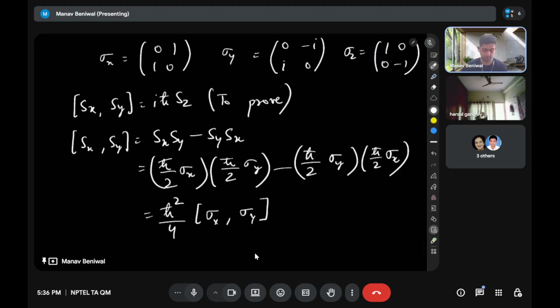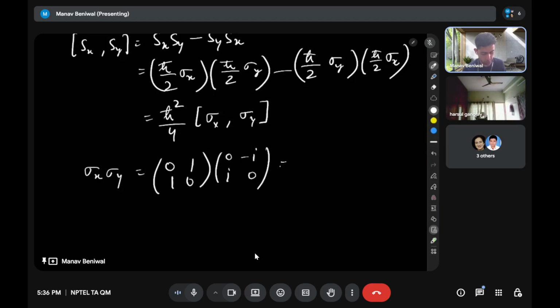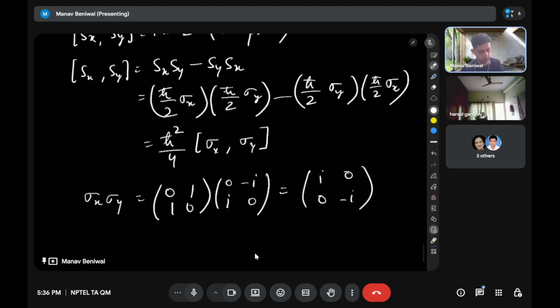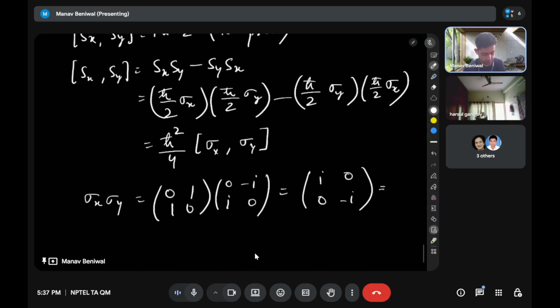Now this sigma x, sigma y, let's multiply. So 0 1 1 0 times 0 minus iota, iota 0. If we multiply this, what do we get? The first term will give us iota 0 0 and minus iota. Now if you compare, this is the same as sigma z but with an extra iota. So I can write this as iota times sigma z.